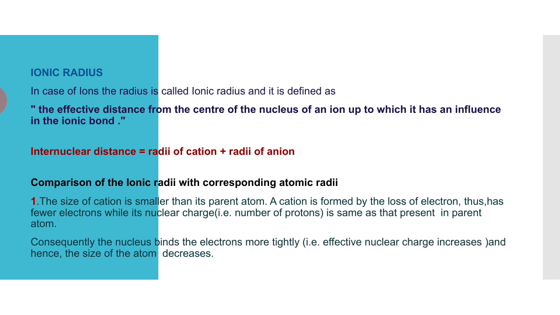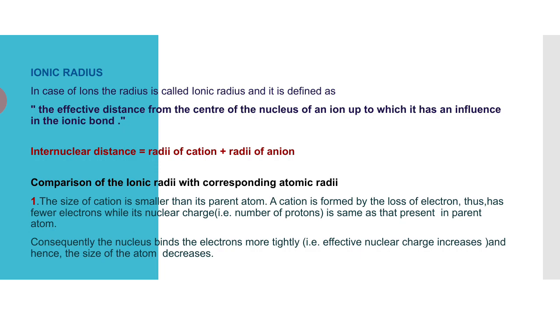Next, comparison of the ionic radii with corresponding atomic radii. First, the size of a cation is smaller than its parent atom.